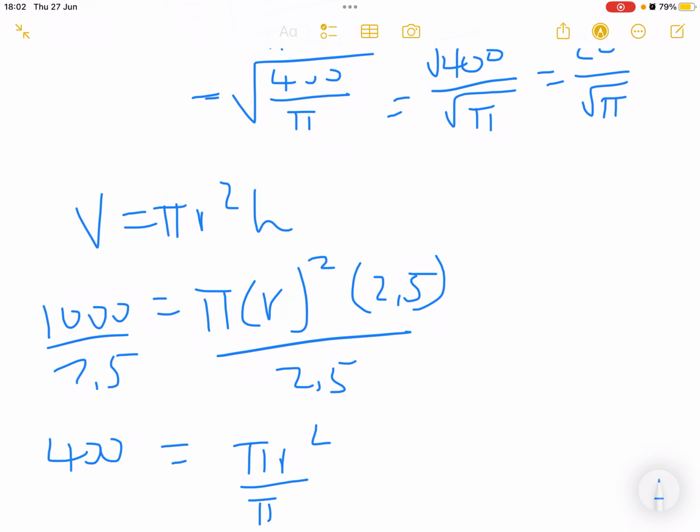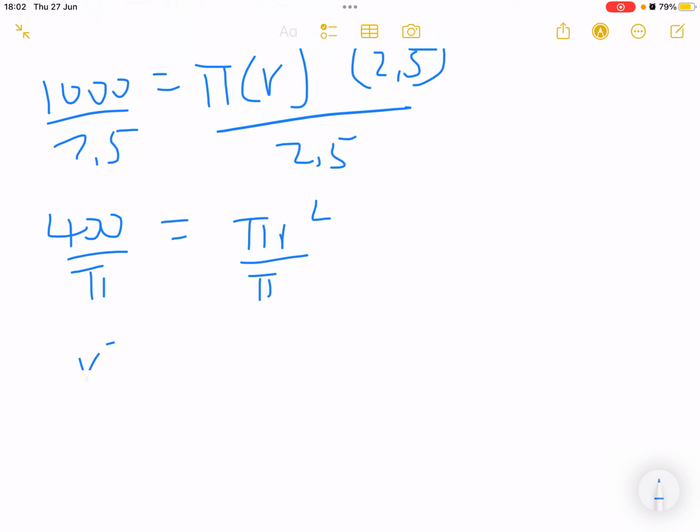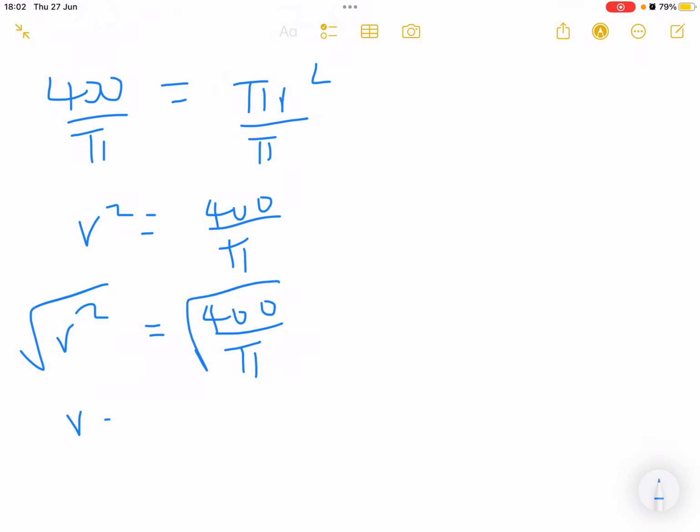Divide by pi, and then I get that r squared is equal to 400 over pi. Then I take the square root on both sides, and r is equal to the square root of 400 over the square root of pi, which is equal to 20 over root of pi.